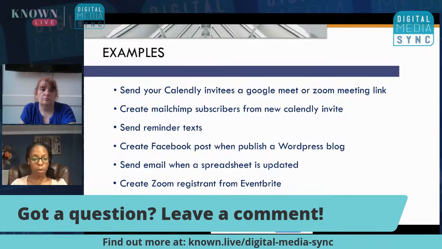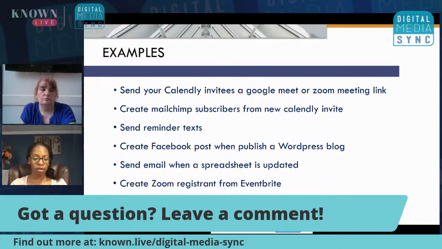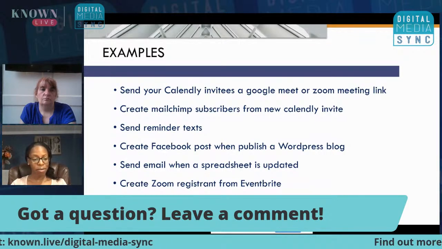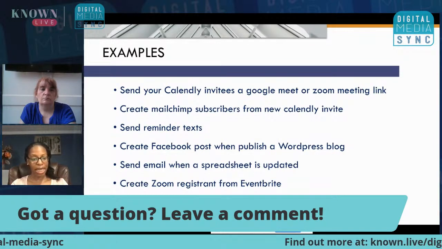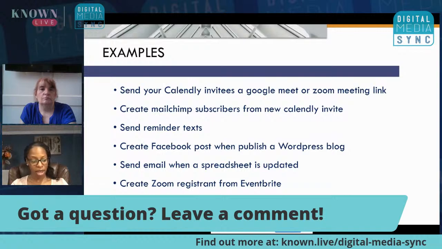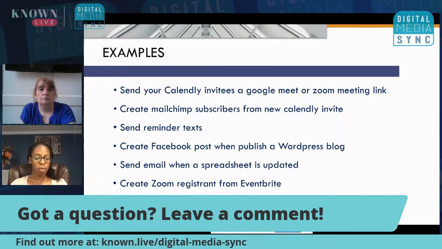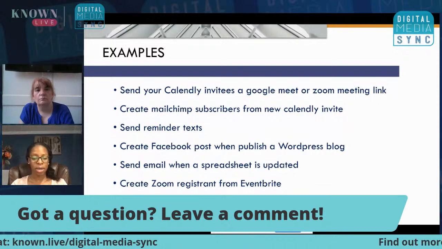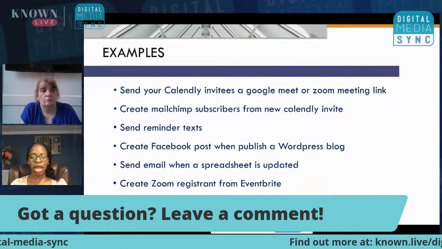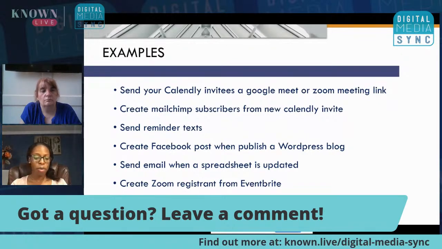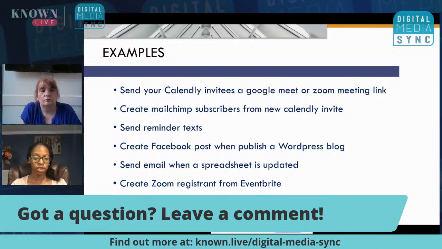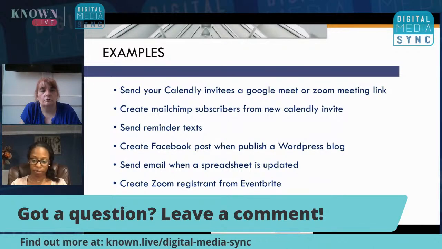So we created a Zap where every time somebody registers through Eventbrite, it automatically registers them on the back end in Zoom. So we have that one location where we have all our meeting registrants. And then just other popular apps, as I mentioned, Google Sheets and Gmail. Then there's Twitter, Slack, MailChimp, Google Calendar, Trello, and Google Drive.